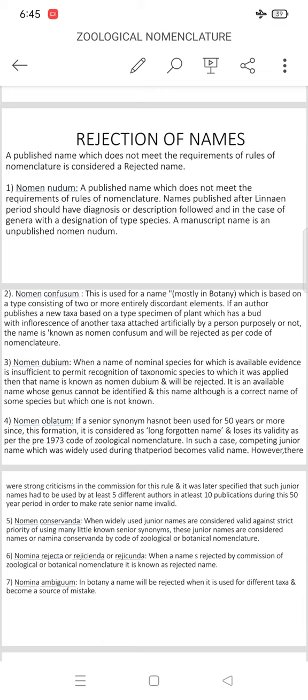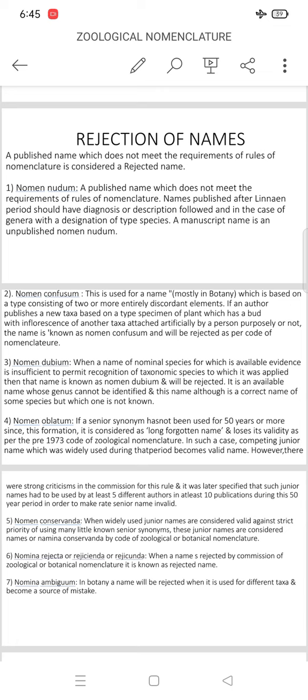The fifth one is nomen conservandum. That means when widely used junior names are considered valid against strict priority of little used senior synonyms, these junior names are considered nomina conservanda by the Code of Zoological or Botanical Nomenclature. The sixth one is nomina rejicienda.